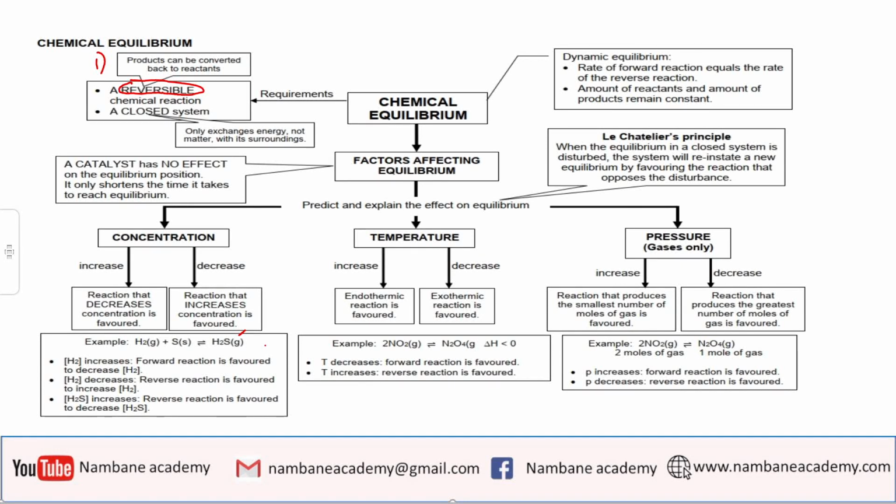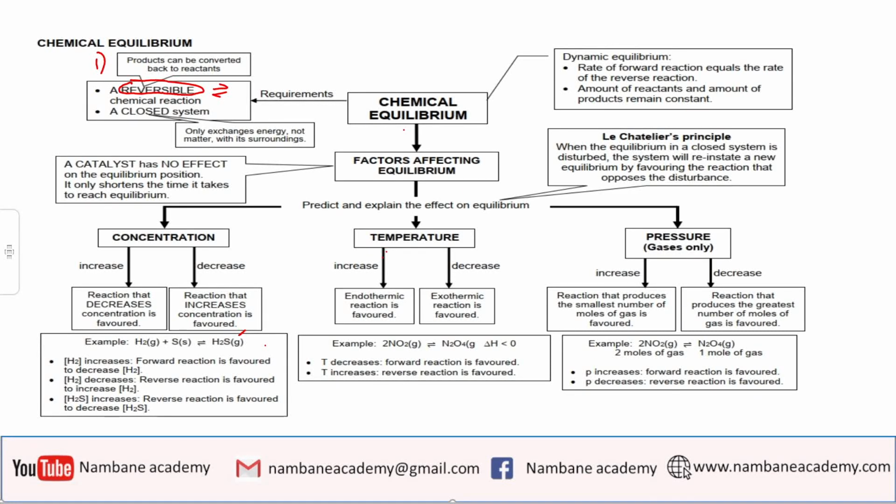That is very important. How do we indicate that a reaction is reversible? The very first thing that one must look for is the double arrows. The double arrows indicate that this reaction is indeed reversible.